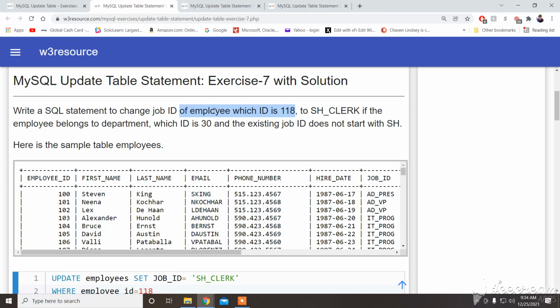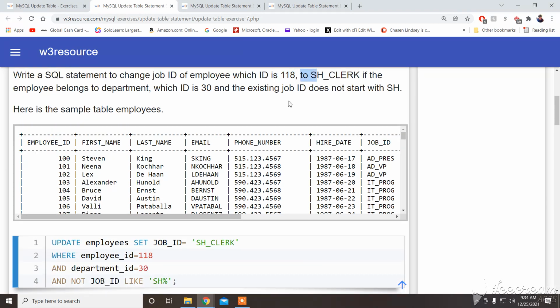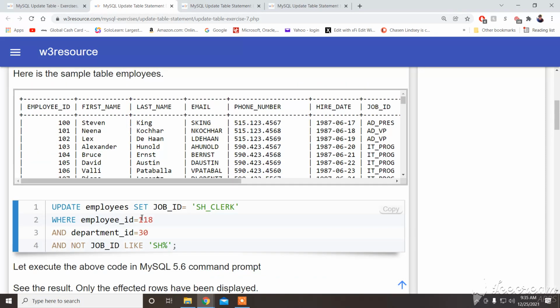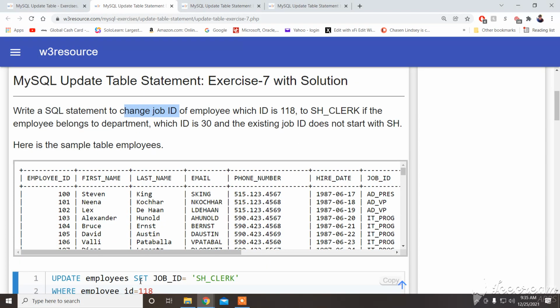So within employee, where employee ID equals 118, to SH clerk. Set job ID to SH clerk.